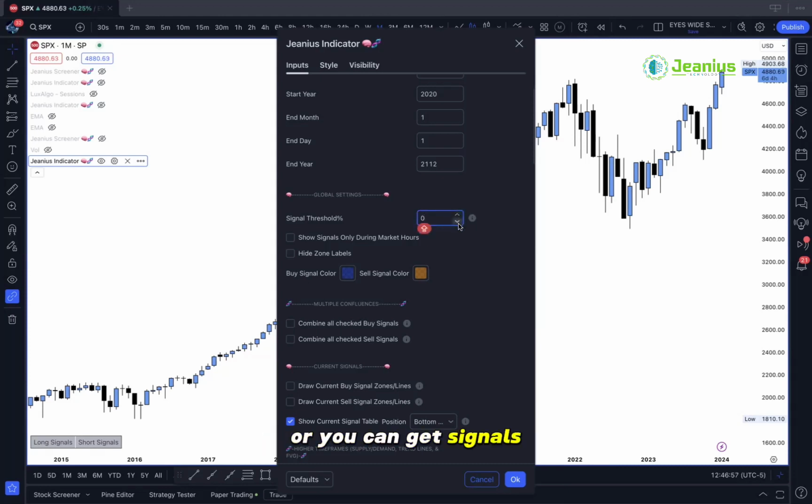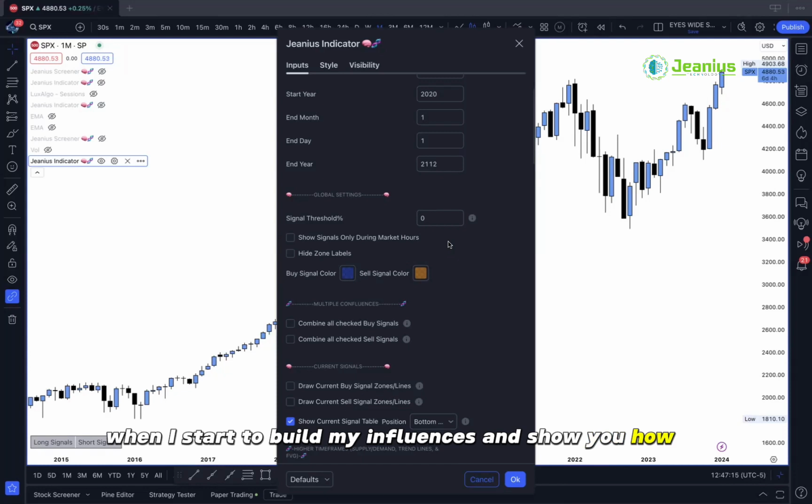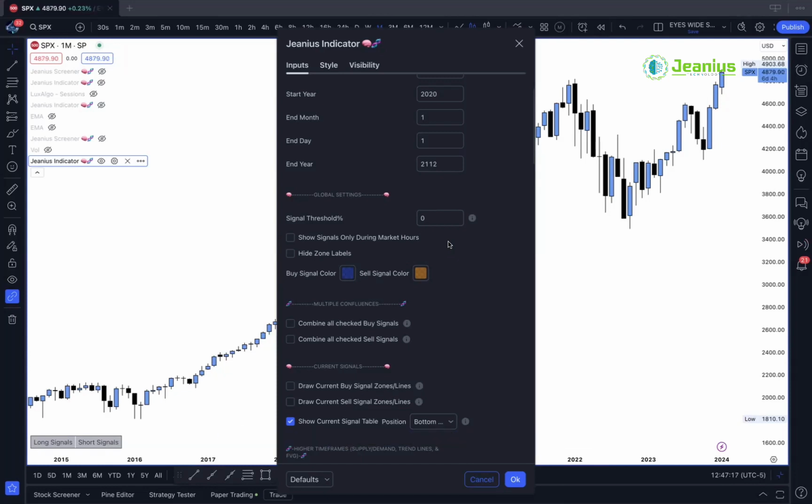Proximity wise, you wouldn't want to set this super high. You can play around with it if you feel like it, but I just keep it at 0. It gives me the most precise signals, and you'll see as time goes on, when I start to build my confluences, how combining those confluences gets you some pretty accurate signals.